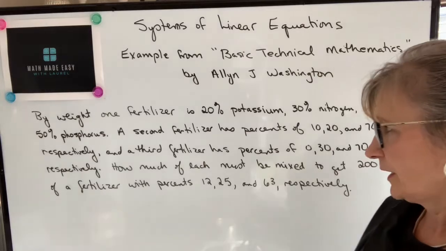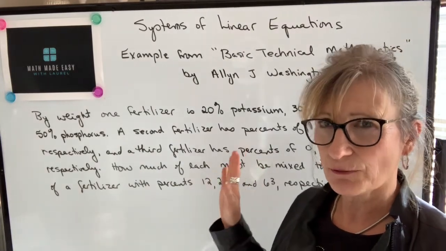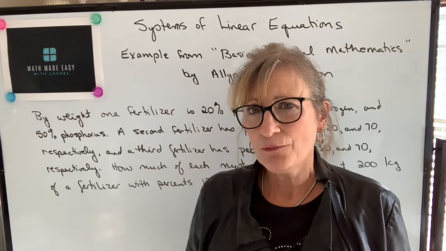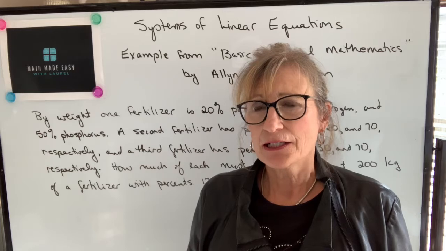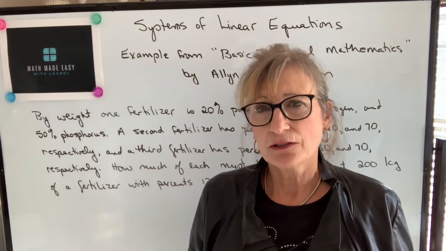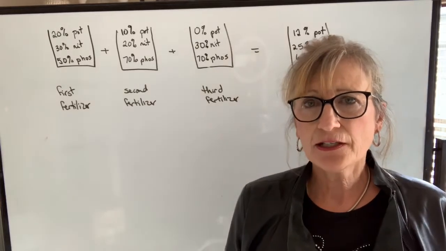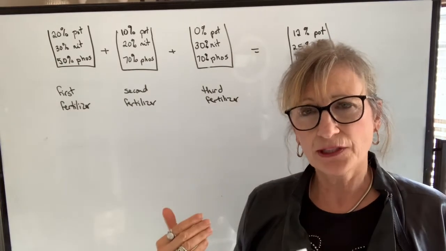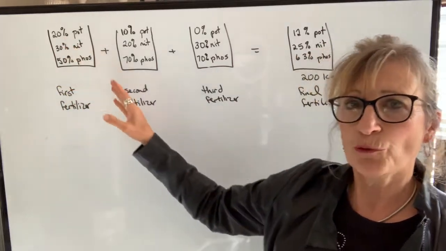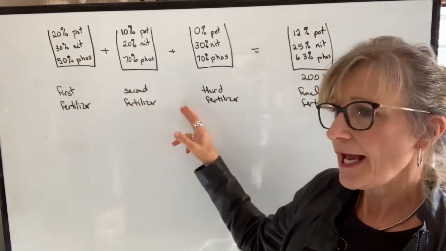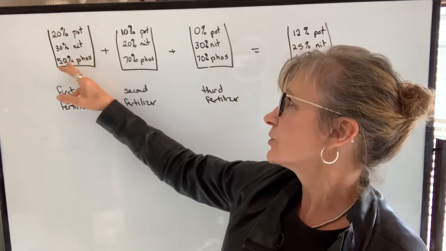Lots of information, and it's a very challenging question, and students really struggle with this. What I would do first is set it up in a diagram like I introduced in the video on mixture problems. So if I take that information out of the words and put it in a diagram, I just have a little diagram for each fertilizer, and in that diagram I say the percents of potassium, nitrogen, and phosphorus.